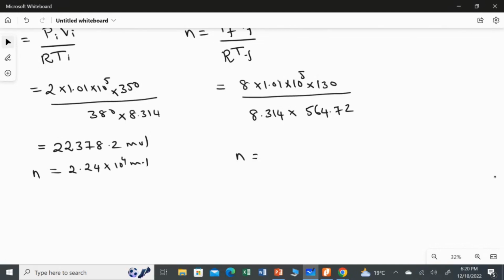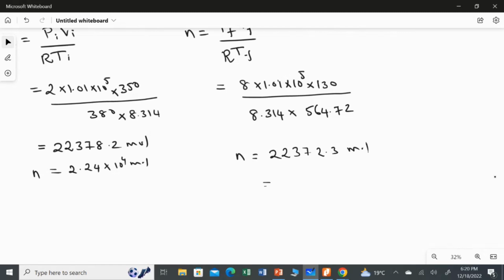So n equal to 8 multiplied by 1.01 times 10 to the power 5 multiplied with 130 over 8.314 multiplied with 564.72. Yes, got the same answer as 22372.3 moles.